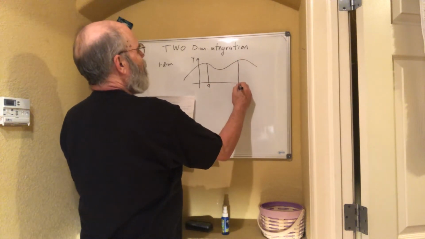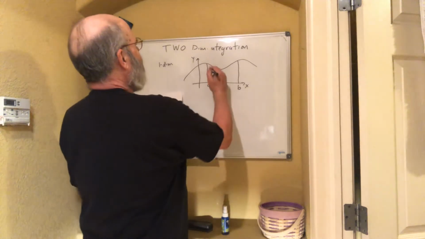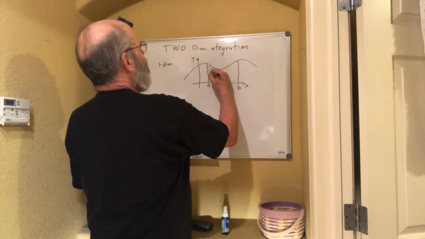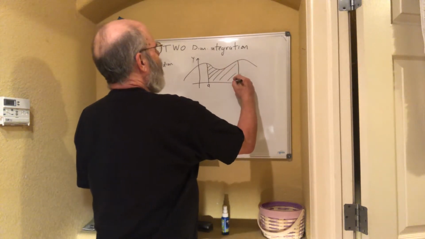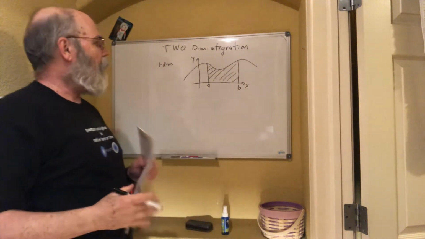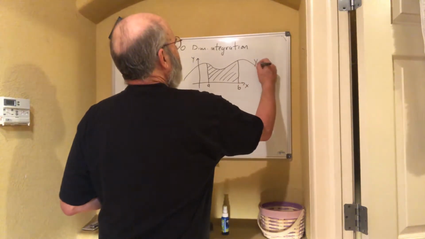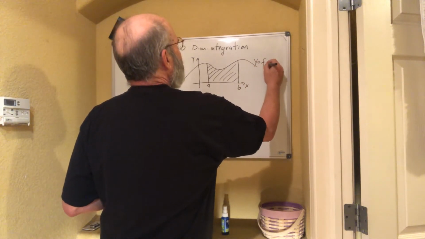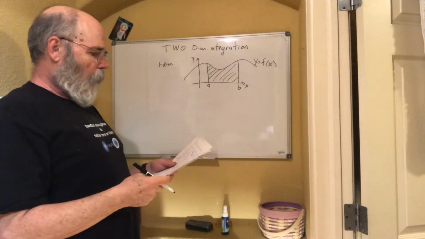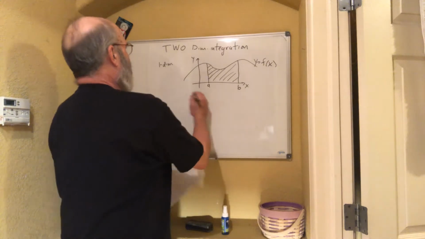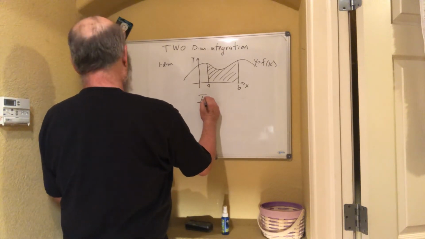Say we have limits along the x-axis, at a and b. Then of course the integral, everybody knows this, is the area here, the signed area actually between the curve and the x-axis. So there's our function that we're integrating, y equals f of x, and the symbol, say, is I.